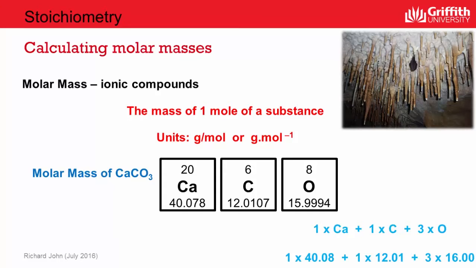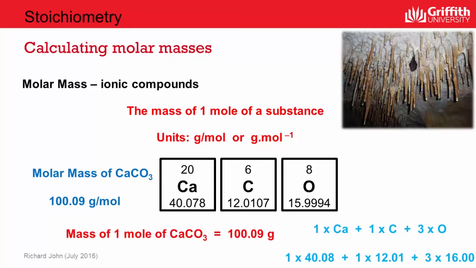So 1 times the molar mass for calcium, 1 times the molar mass for carbon, and 3 times the molar mass for oxygen. Put that into our calculator and we get 100.09 grams per mole. And again, the mass of 1 mole of calcium carbonate will therefore be 100.09 grams.